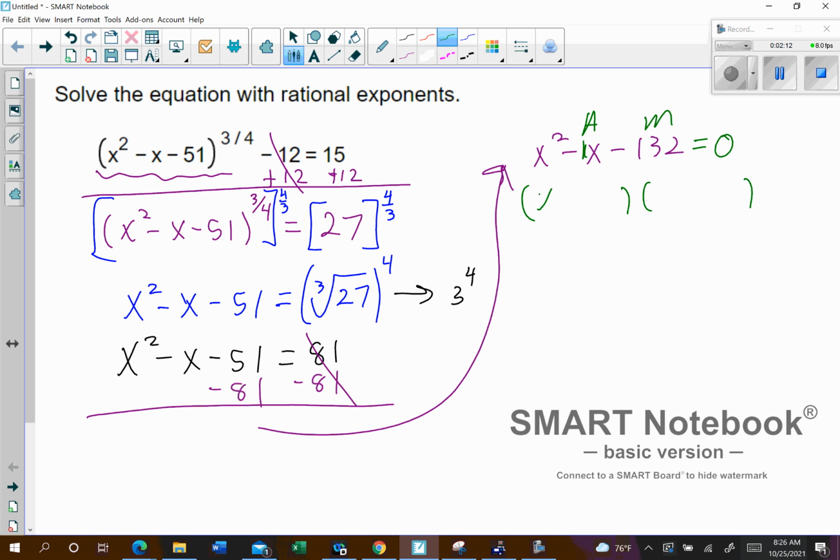The 12 is going to have to be negative so that it adds up to that negative 1, and then we'll have plus 11 right there. You can see if you were to FOIL this, you get that right there in the middle. So our two solutions are 12 and negative 11, and they should both work here. I don't think either one causes an issue. And so that's our first one.